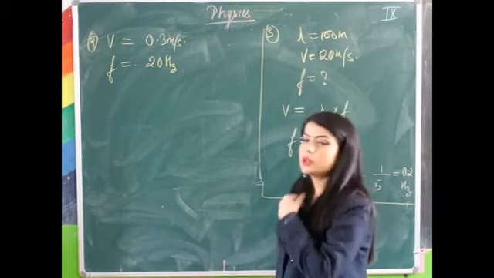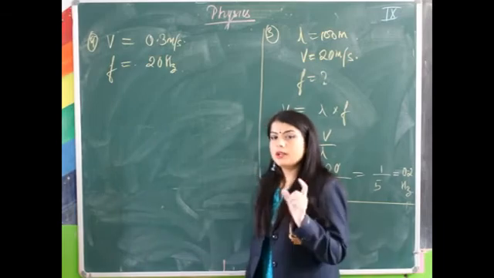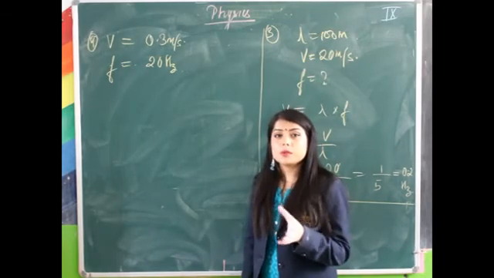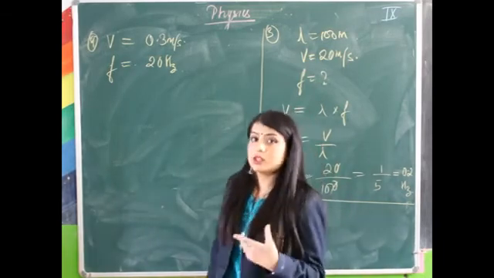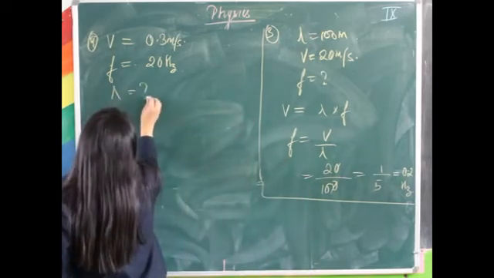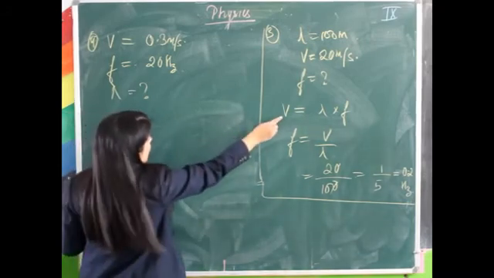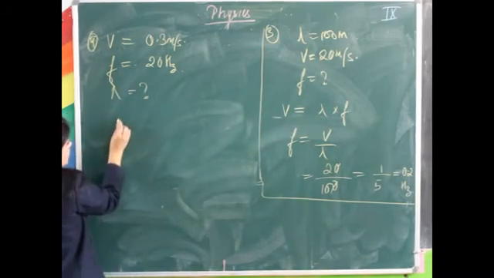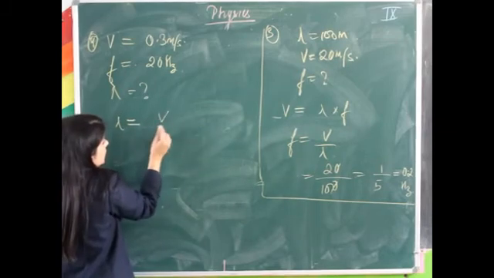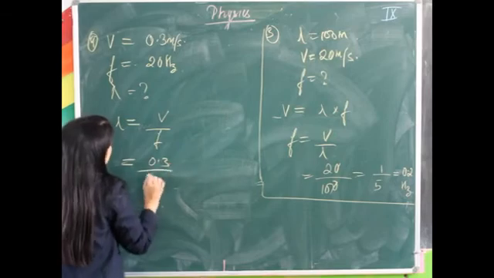The distance between two consecutive compressions. In the previous class I have told you, the distance between two consecutive compressions or consecutive rarefactions is the wavelength. So it is lambda which you have to find. From the same formula, what will lambda be? Lambda will be V by F. So this becomes 0.3 by 20.